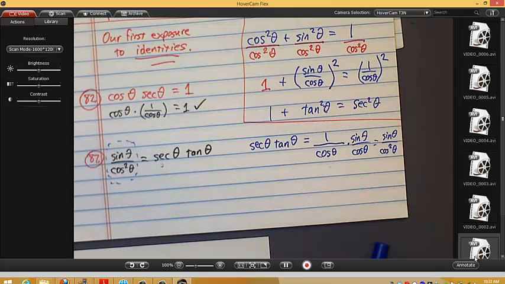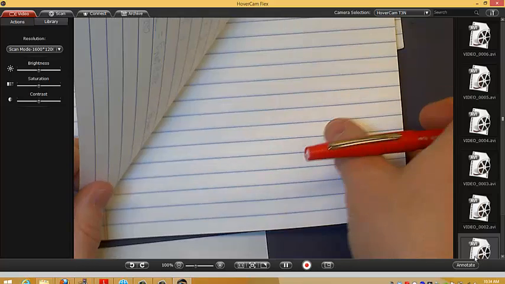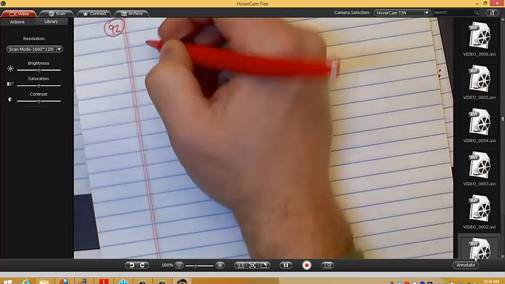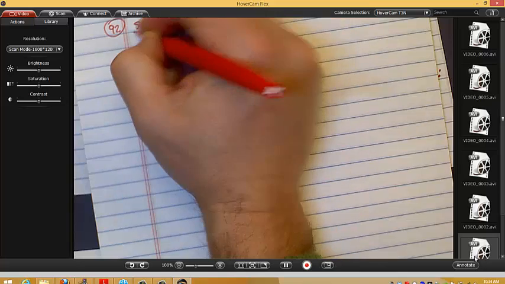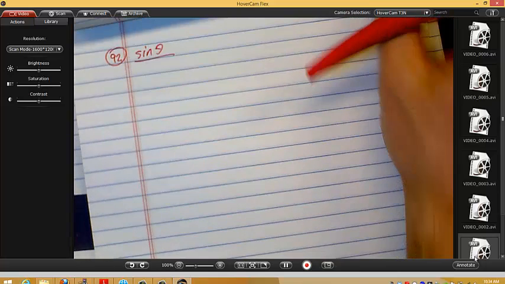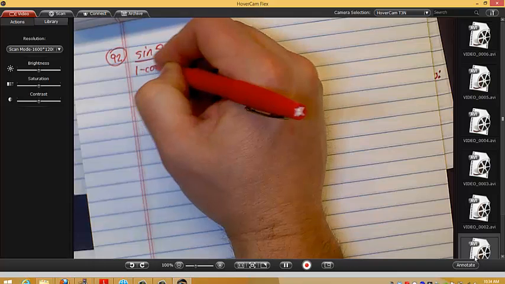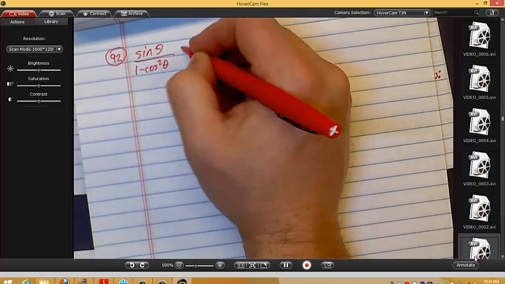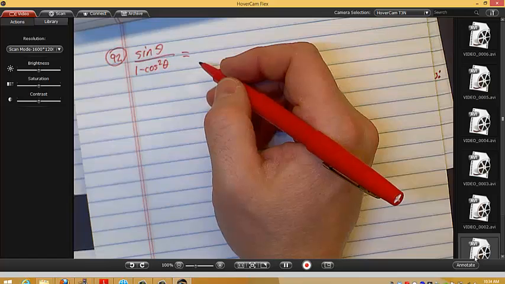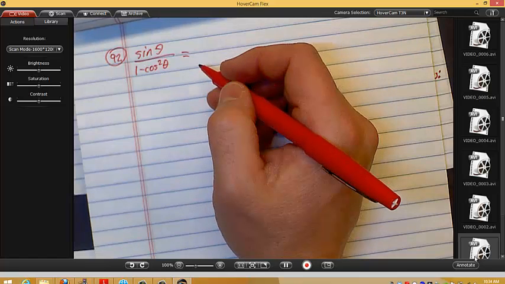And then I want to try one of these with the fraction. Let's try 92. That's a nice example. So 92 says you have sine of theta over 1 minus cosine squared theta equals, and then they say it equals the cosecant of theta.